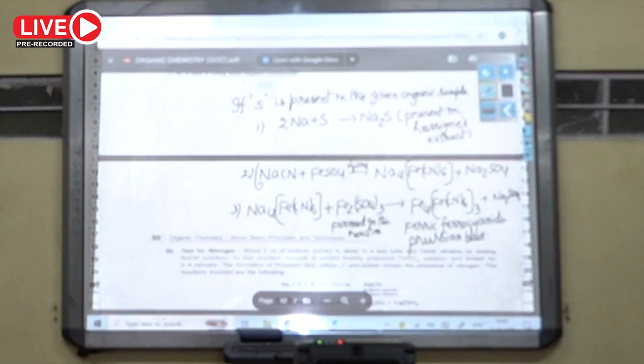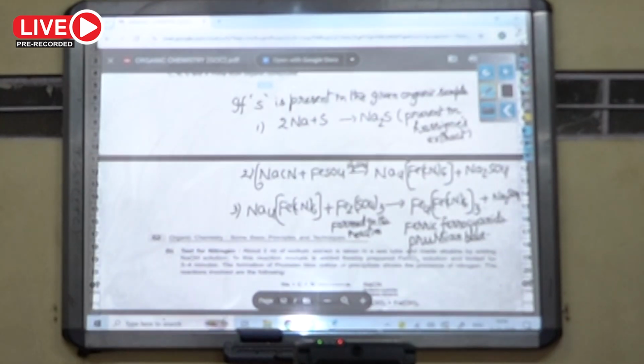So if the organic sample contains sulfur, when you fuse the compound with sodium metal, what water-soluble compound are you getting? Sodium sulfide, Na2S.